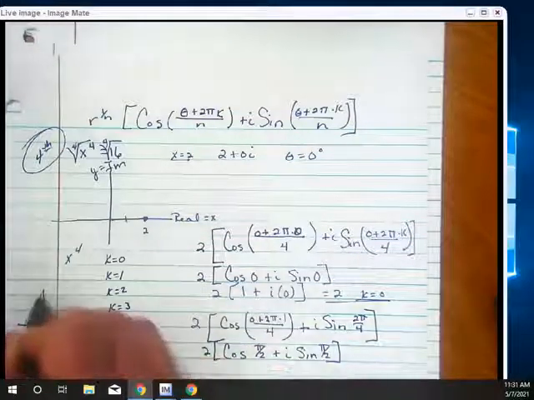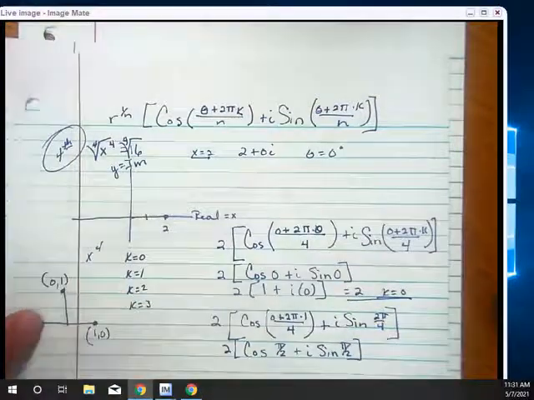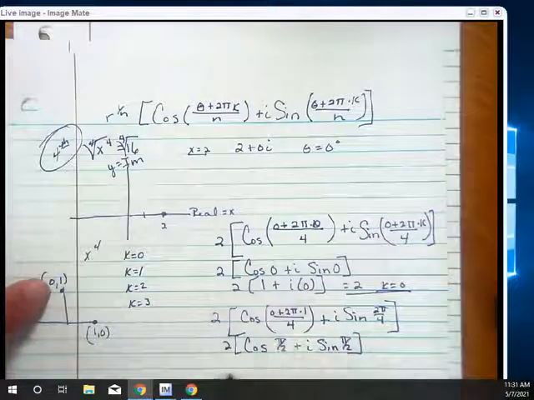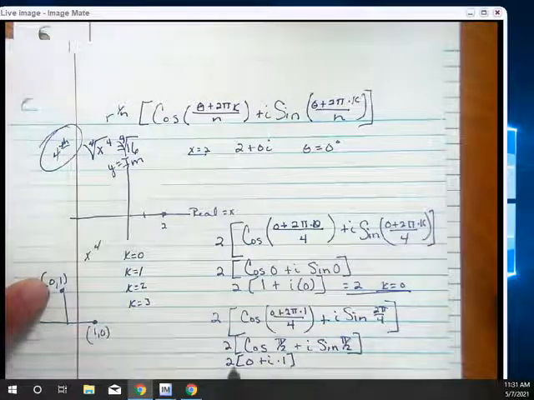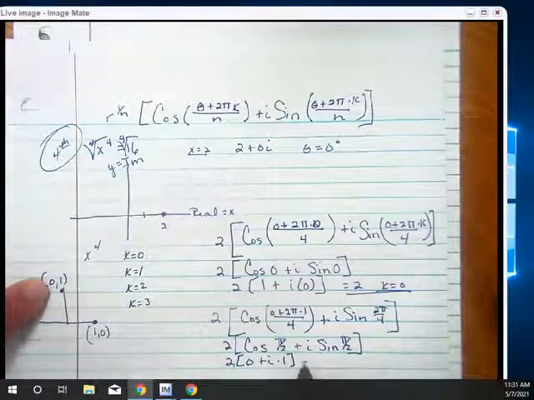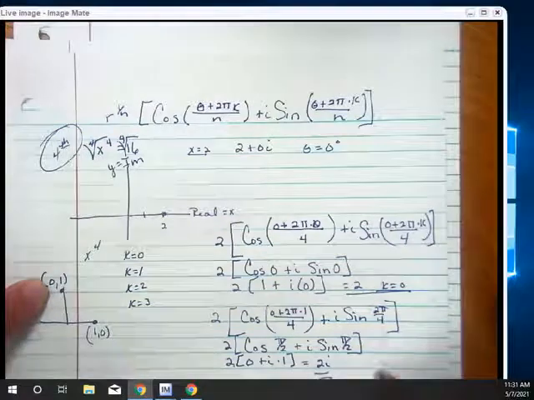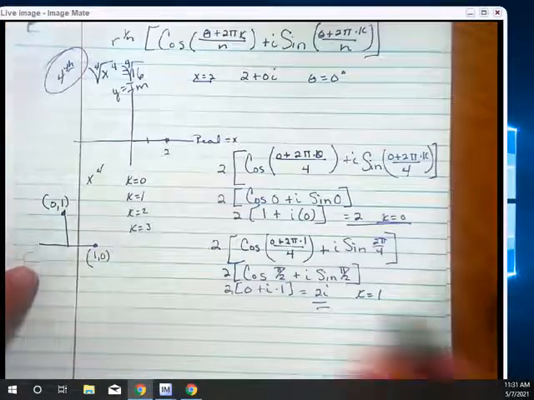Pi over 2 is here. This value is 0, 1. What is the cosine? 0. Plus i times 1. 2 times 0 is 0, plus 2i. There's one of my solutions when k is 1. Now I've got to do it again.